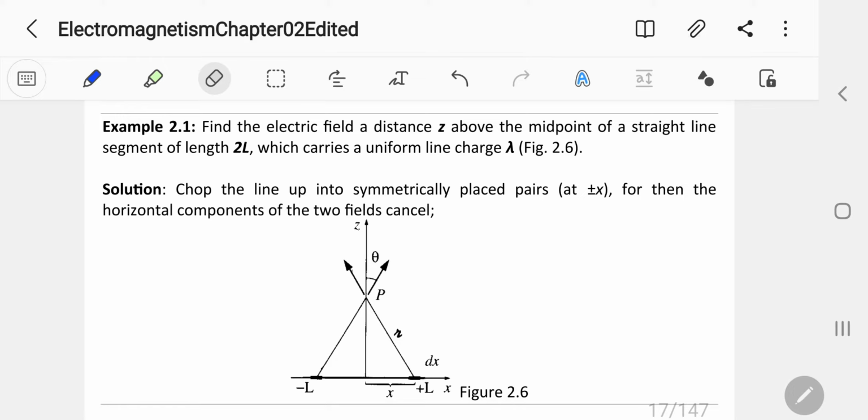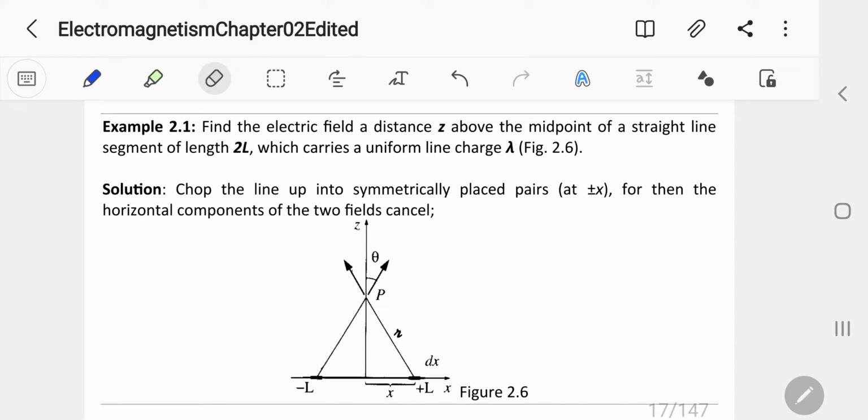Now, as I have discussed earlier, you had two point charges exerting an electric field at a point P, and the direction of the electric field is just towards the y-axis.